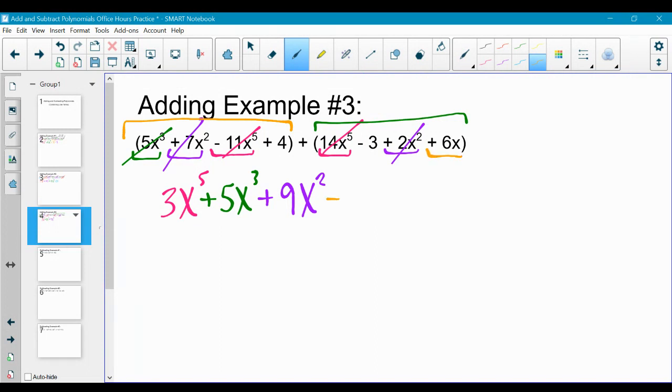So I'm just going to rewrite the plus 6x in our answer. And finally, we're going to look at a positive 4 minus 3. So that's the very last piece. So 4 minus 3 is going to give us a plus 1 for our constant.